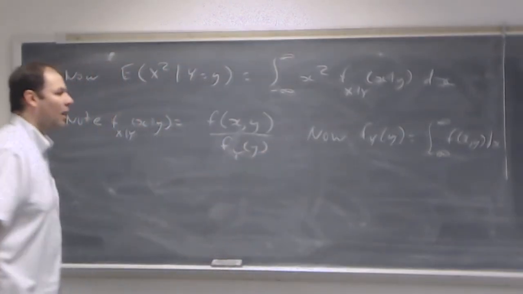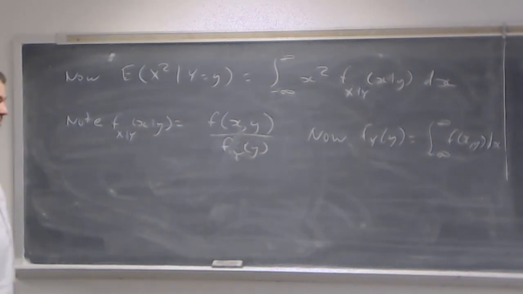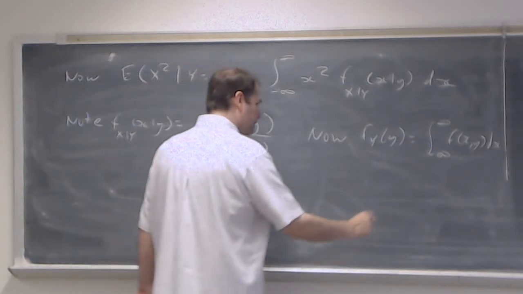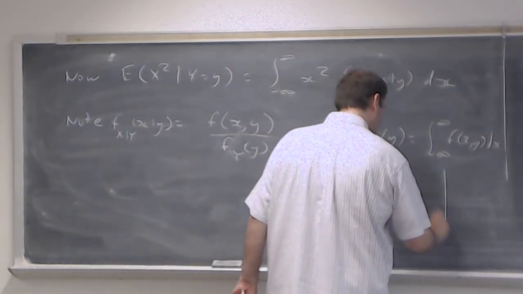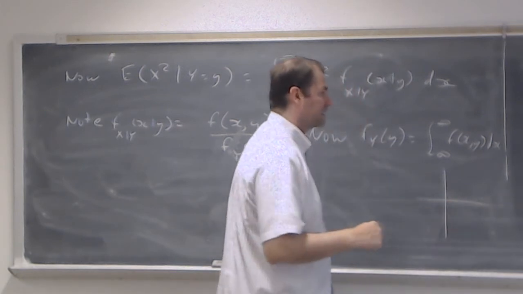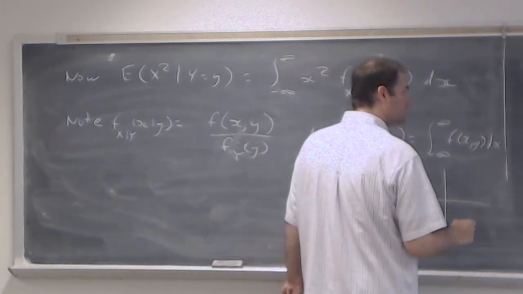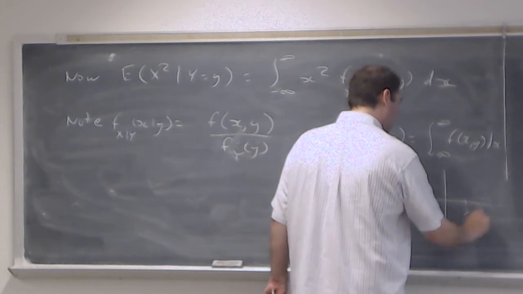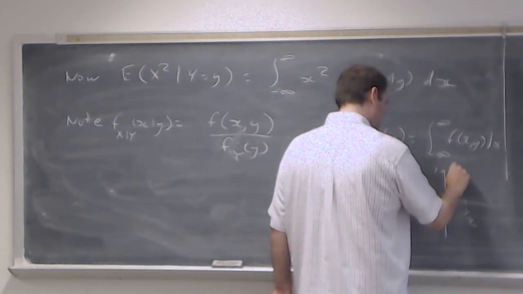Now, look, that joint is 0 in a lot of places. If I draw the xy plane, remember I'm looking at 0 is less than y is less than 2x is less than 1. So 2x is between 0 and 1, which means x is between 0 and a half, and y is between 0 and 1.